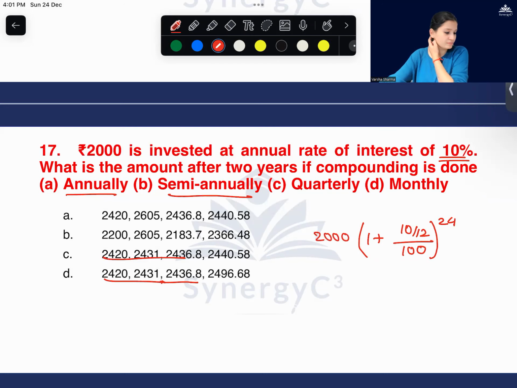How much do you get? 24. Which is 2440.78, right? So that means option C is the correct answer.